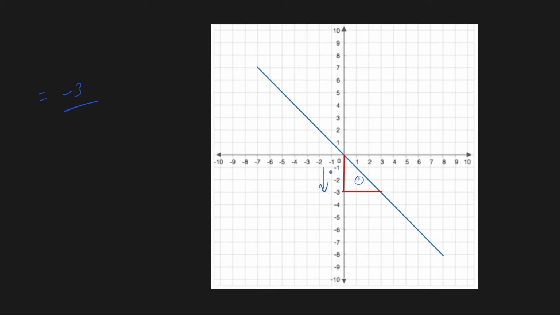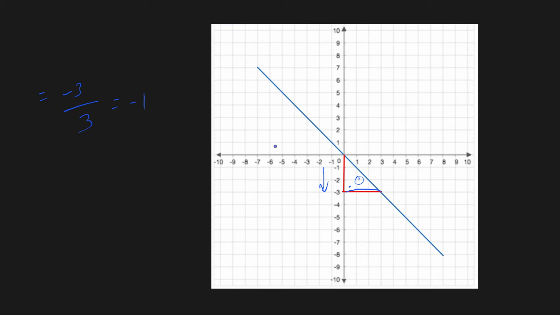And then run is this much, which is 3. So it's 0 to 3 and then run is 3 to 0. So 3. So that is -1. So our slope in this case is -1.